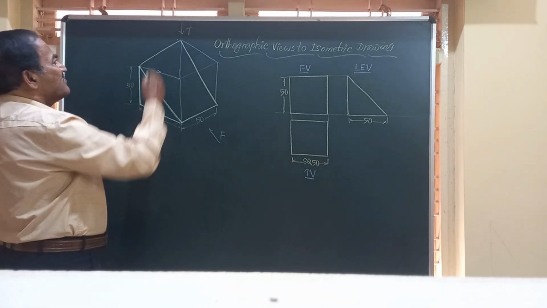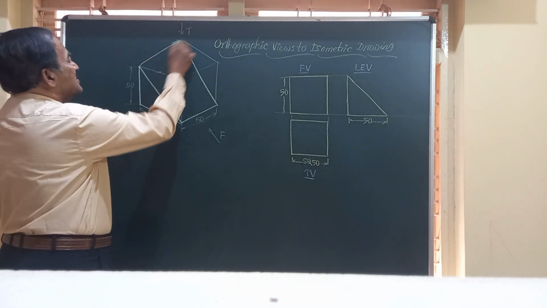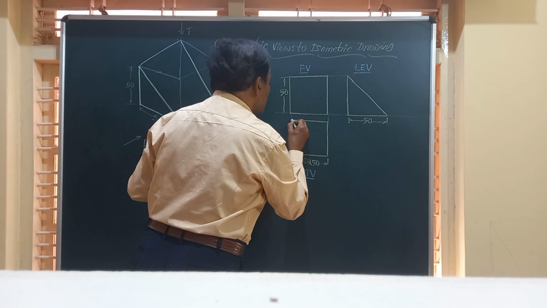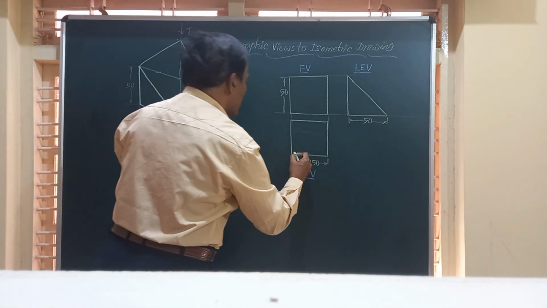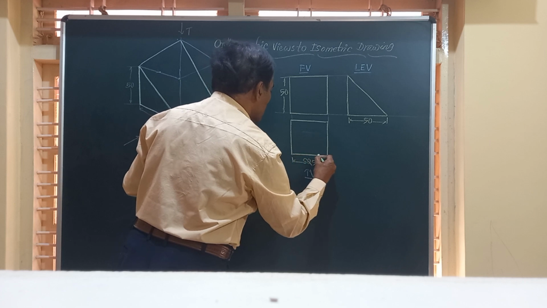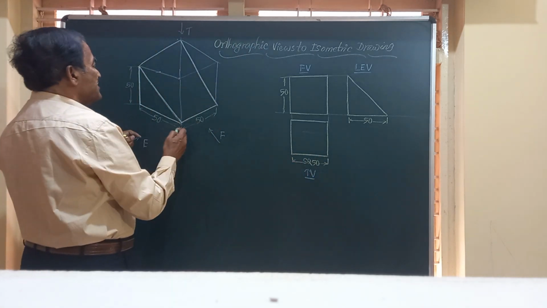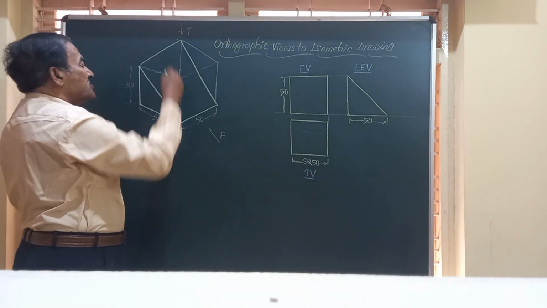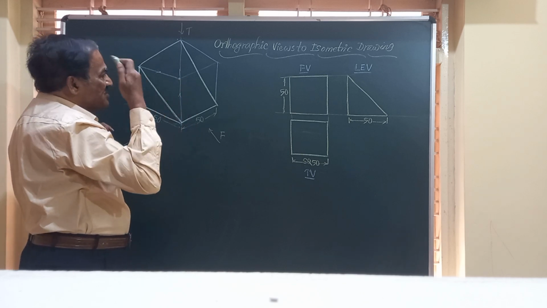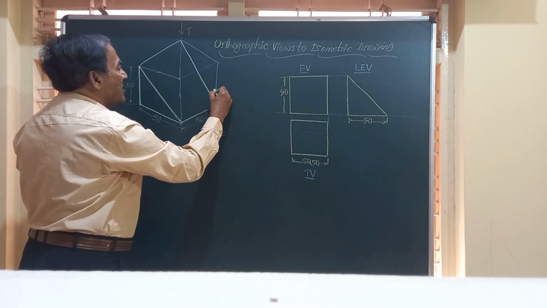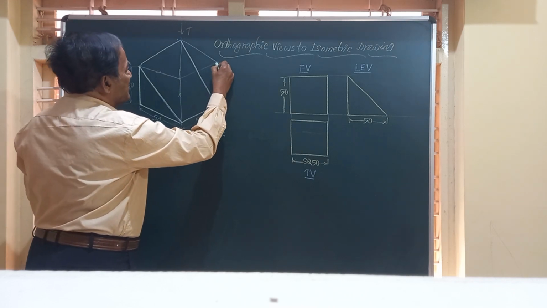And similarly, friends, if you see from the top, this line is this. This is the top line and this is the bottom line. And again, friends, on the same principle, this point when you see from the top appears as if it is here. Or just imagine. Similarly, this point appears as if it is here.